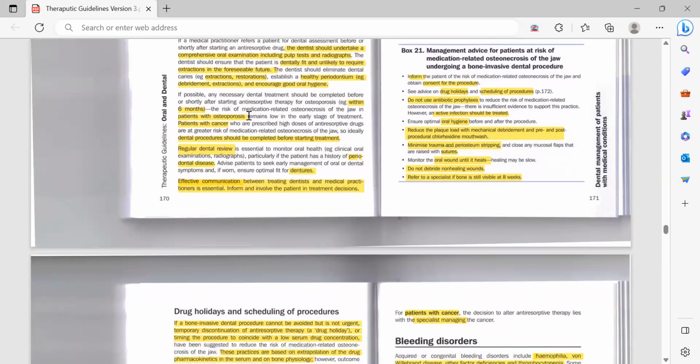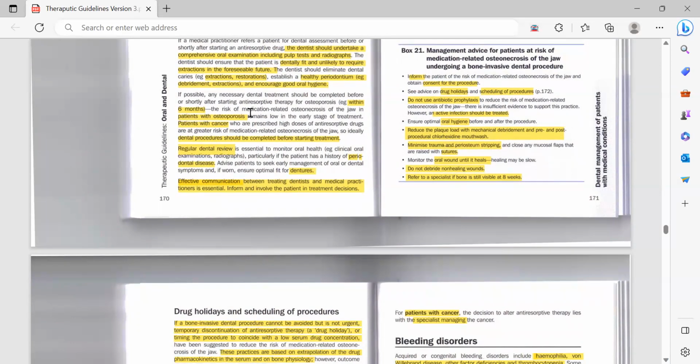Patients with cancer who are prescribed high doses of anti-resorptive drugs are at greater risk of MRONJ, so ideally dental procedures should be completed before starting treatment. So here they just want to say that osteoporosis, as we read in those data, has lesser risk as compared to others.